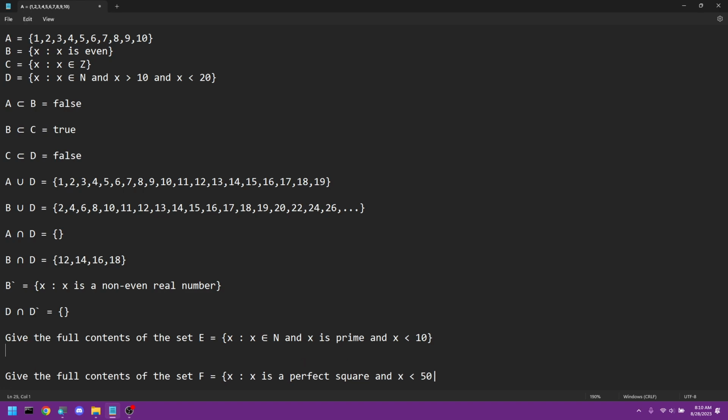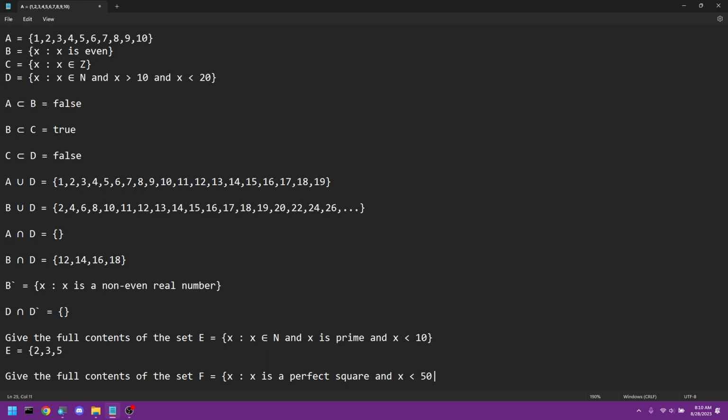So what are our prime numbers? From 1 to 10, 1 is not a prime number because it must have two factors, not one factor. 1 is only one factor, 1 times 1. So 2 is our first prime number. It is only divisible by 1 and 2. 3 is only divisible by 1 and 3. Is 4 a prime number? No, because it's divisible by 2. Is 5 a prime number?